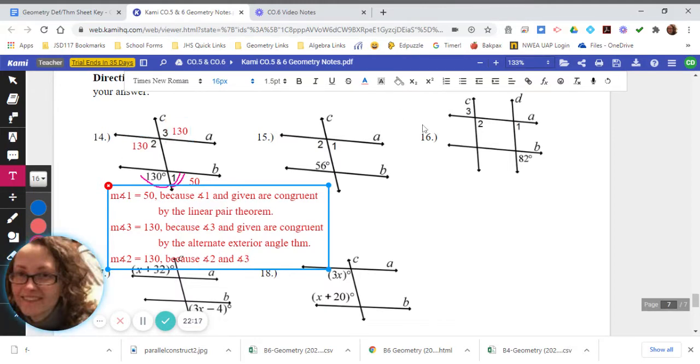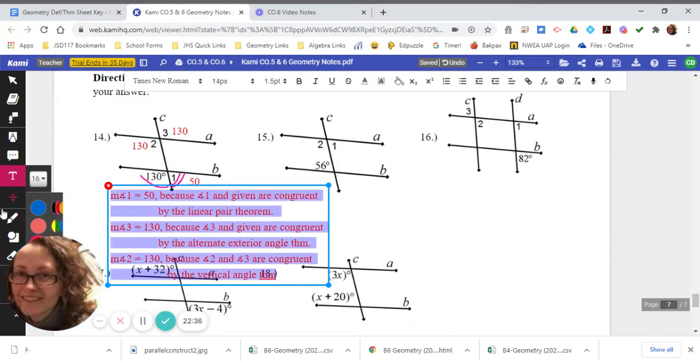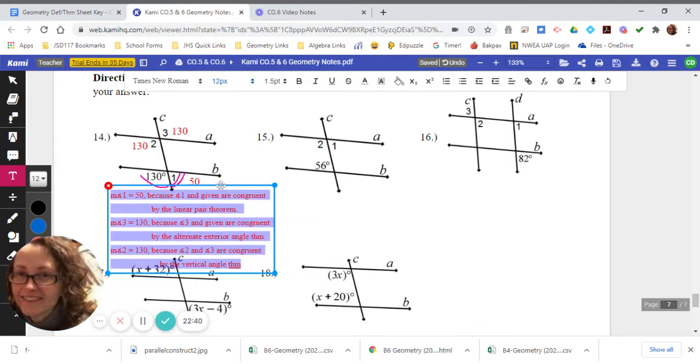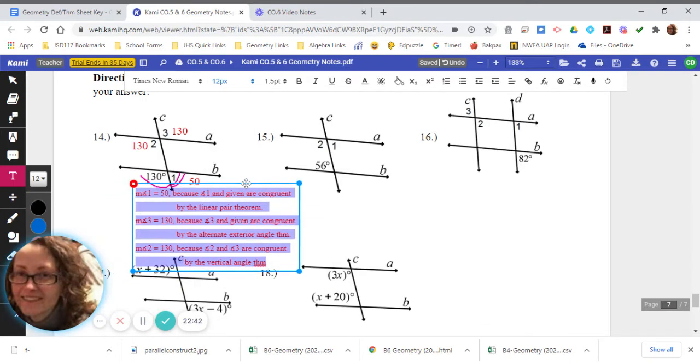So angle 2 and angle 3 are congruent by the vertical angle theorem. Let me go ahead and make this a little bit smaller so that it all fits without running into my next problem. Okay.